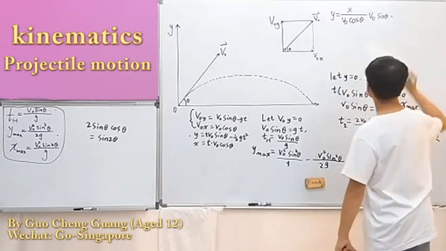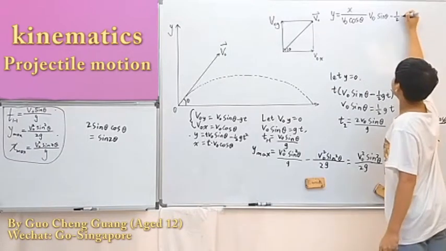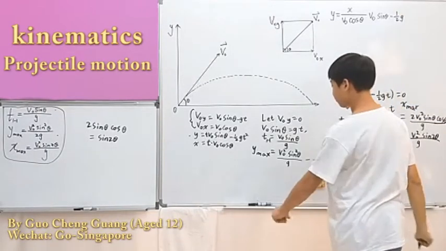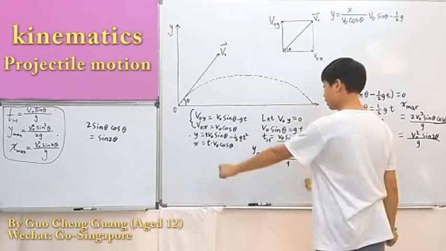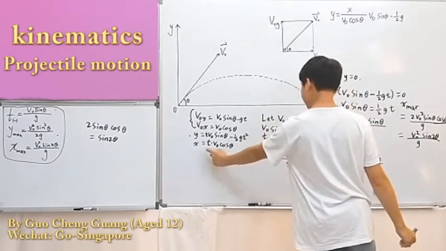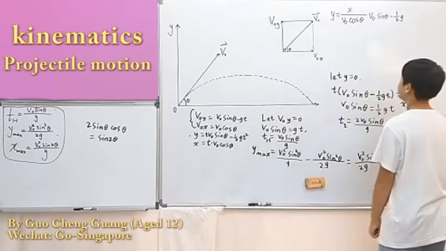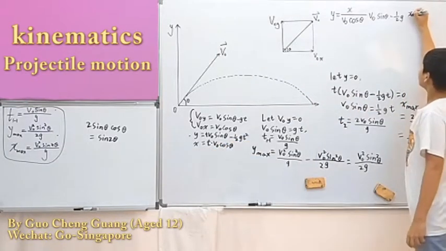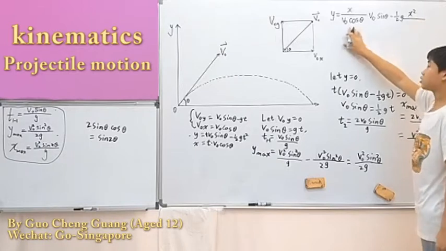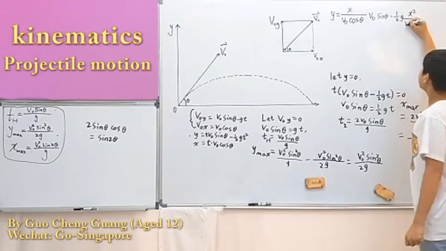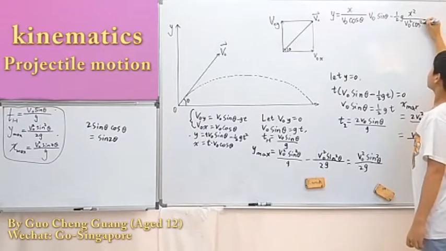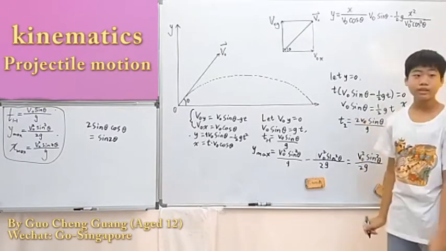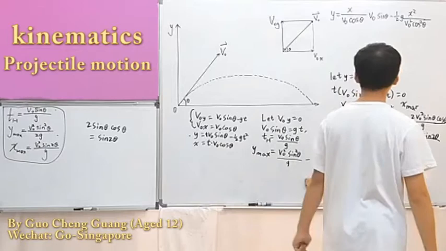So subtract half g, then t squared. For t squared we just use the square of what we had just now, so it'll be x squared over the square of the initial velocity, then cosine squared.